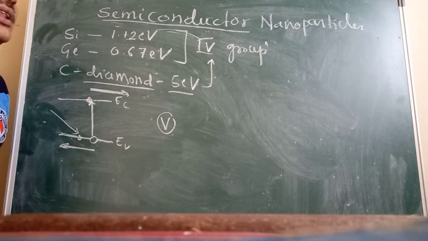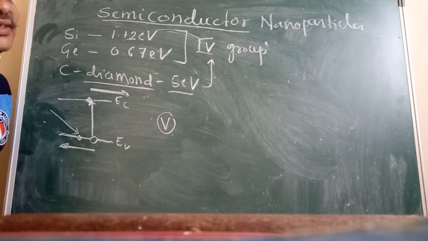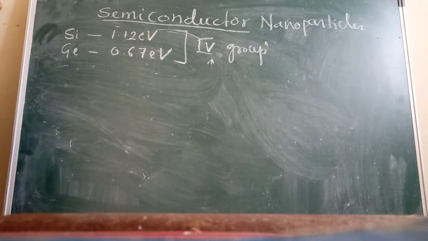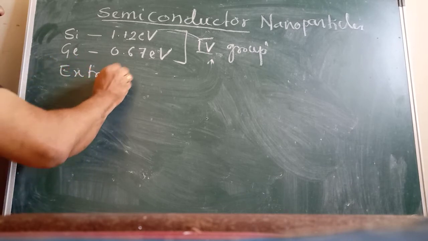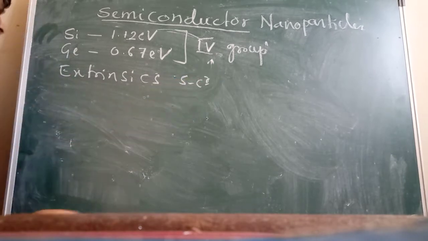But there are extrinsic semiconductors. What are extrinsic semiconductors? They are doped semiconductors. Doped means impurity is added into the pure semiconductor. The impurities are trivalent and pentavalent.